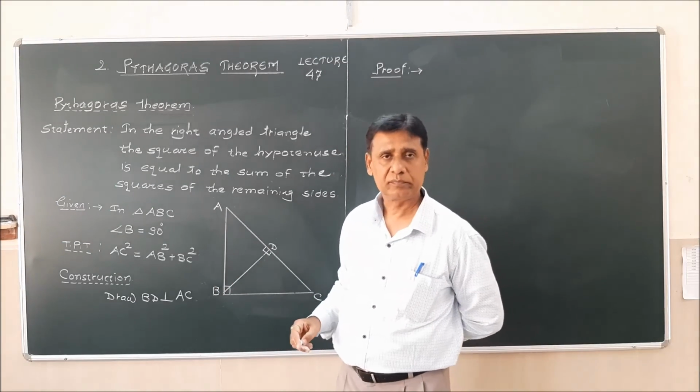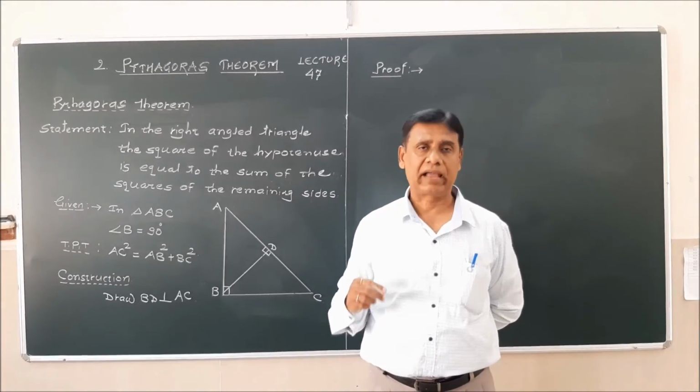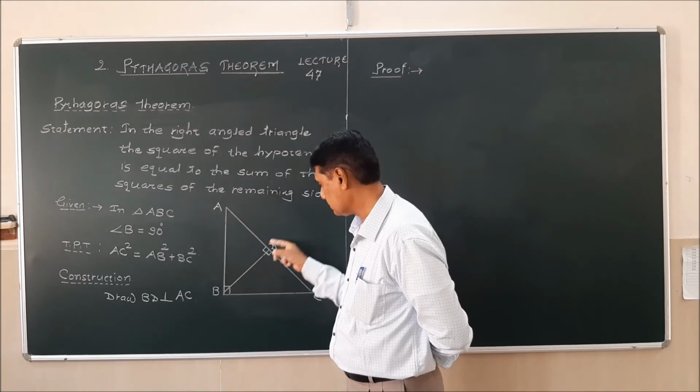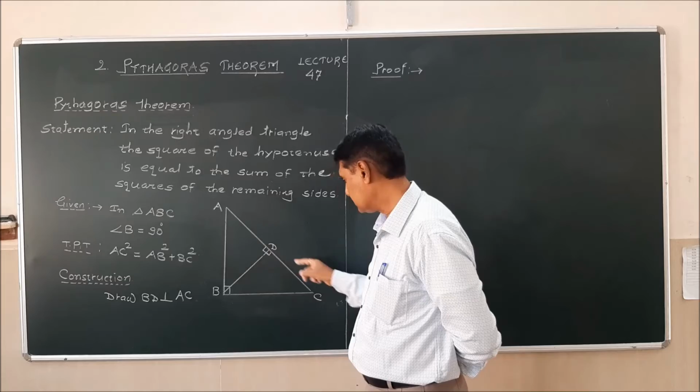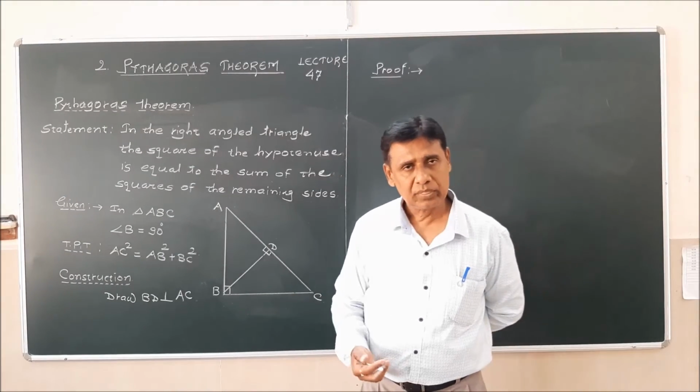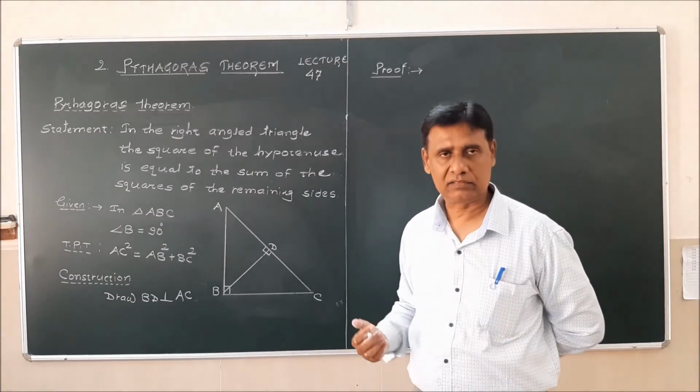That is very important. We are going to use the same fact that whichever triangles are formed here, this is one, this is another, and both these triangles are similar to the original triangle.